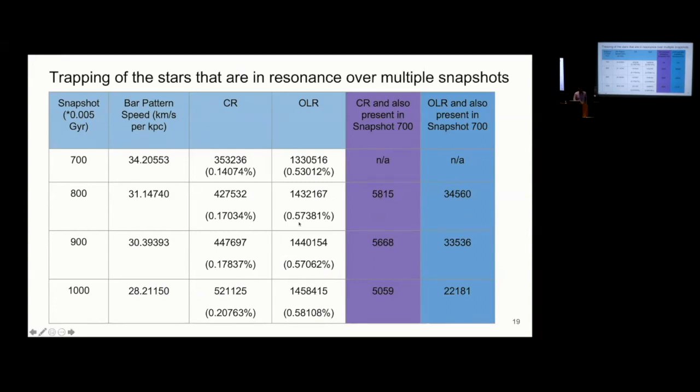Also, it was interesting to see that as we moved forward in time, the number of stars in corotation resonance and outer Lindblad resonance is increasing. That could be due to the resonance carrying those trapped stars as time passes and the bar slows down. That's another observation. I've looked at very few snapshots, so it would be too early to make any conclusion out of it.